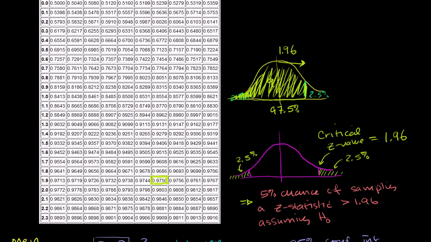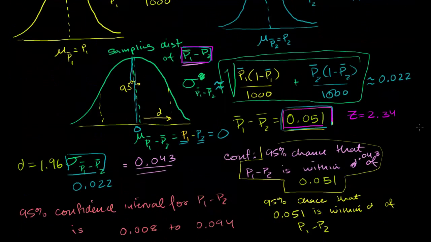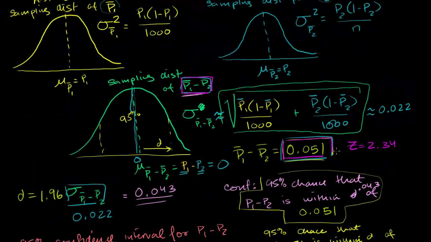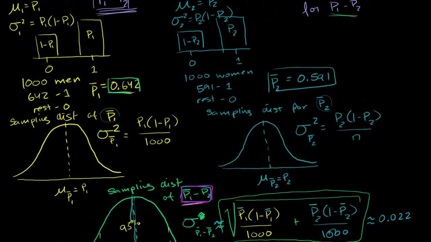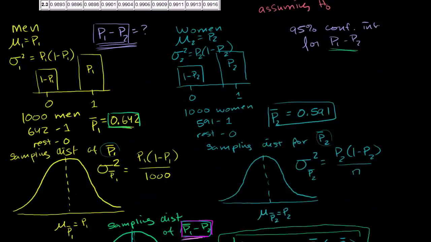Now, we just figured out that we just sampled a z statistic of 2.34, assuming the null hypothesis is correct. So the probability of sampling this, given the null hypothesis is correct, is going to be less than 5%. It is more extreme than this critical z-value. It's going to be out here someplace. And because of that, we can reject the null hypothesis.